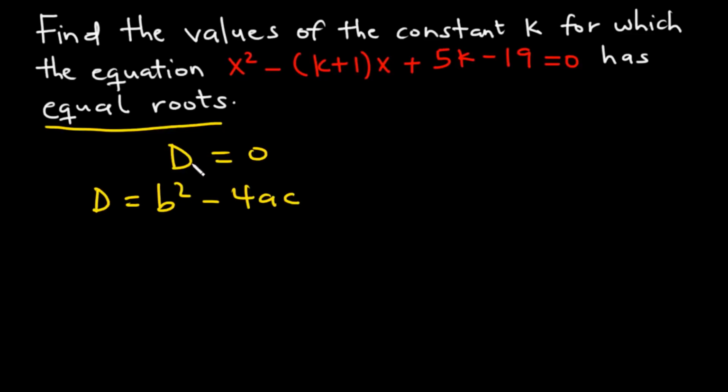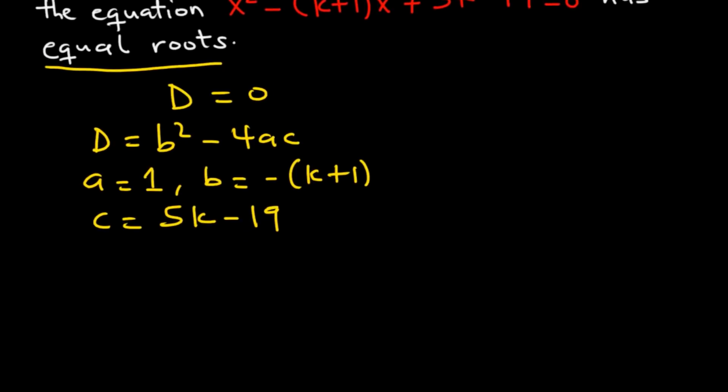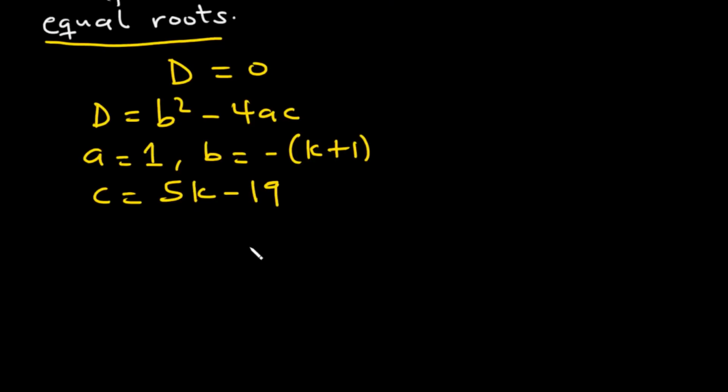From the equation, a is equal to 1, b is equal to negative (k plus 1), and c is equal to 5k minus 19. Now let's substitute the values of a, b, and c into this equation.